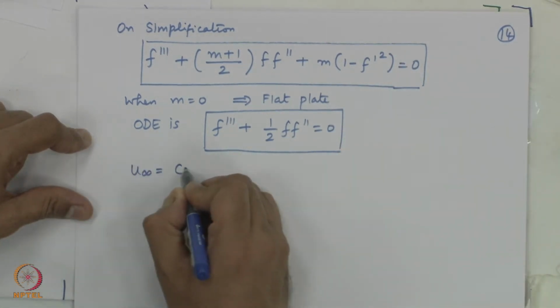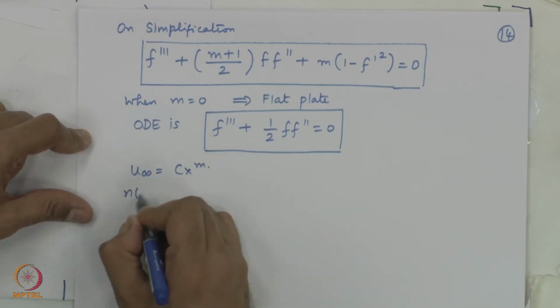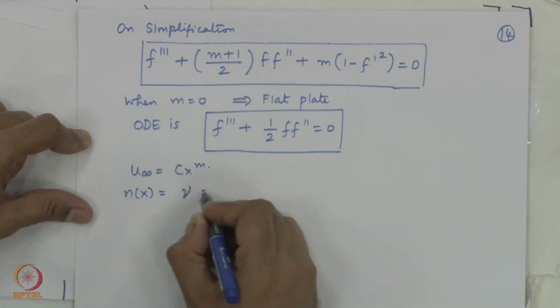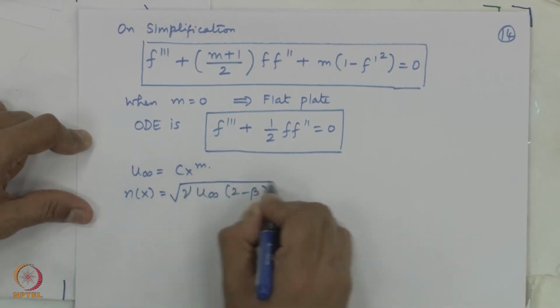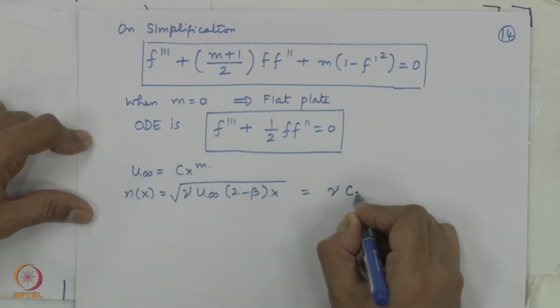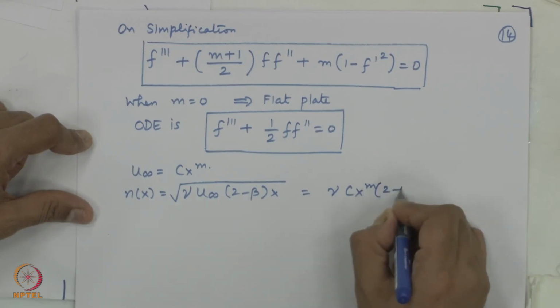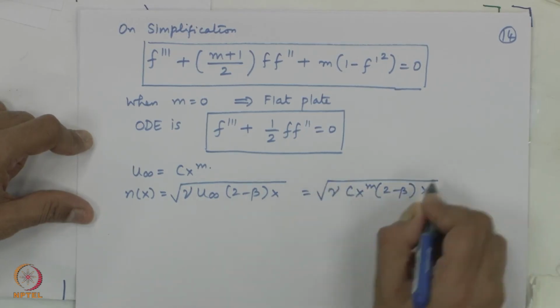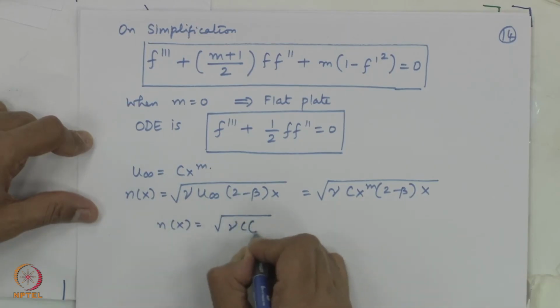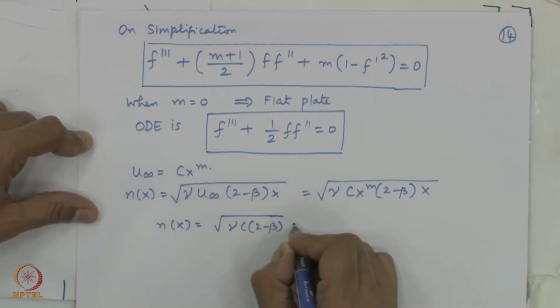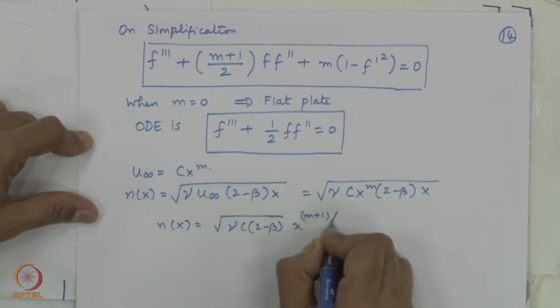U infinity is C x to the power m, n of x is nu by u infinity into 2 minus beta into x. We will write this as nu by C x to the power m, 2 minus beta into x. This n of x would come out to be nu by C into 2 minus beta into x to the power m plus 1 by 2.